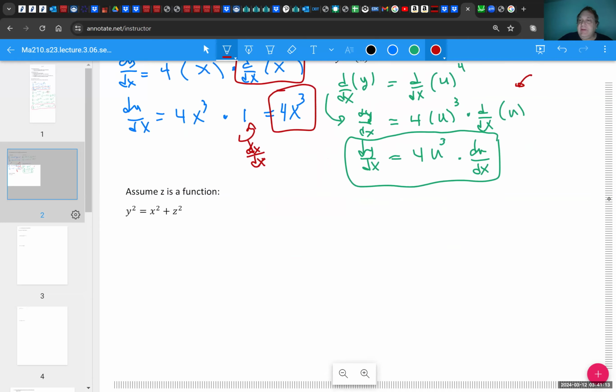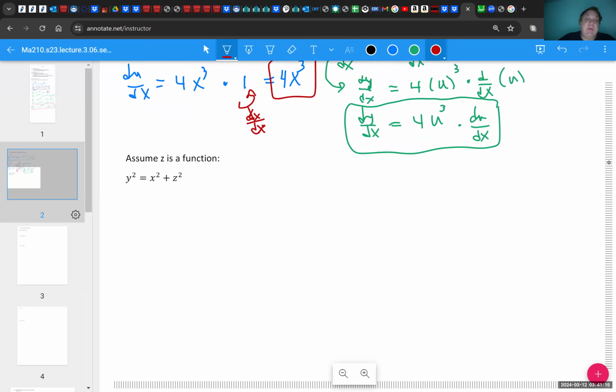All right, so let's get to a more complicated function. Suppose I have this function y equals x squared plus z squared. And once again, I'm looking for dy dx. So I'm going to be finding the derivative on the left-hand side, and I'll be finding the derivative on the right-hand side, doing the same thing to both sides, which is just find the derivative.